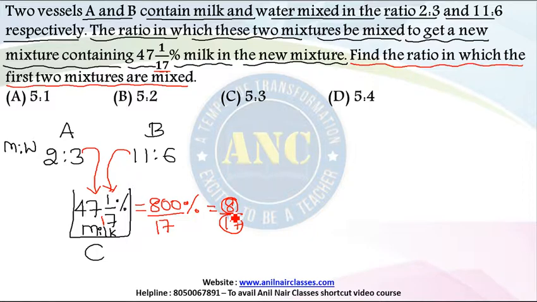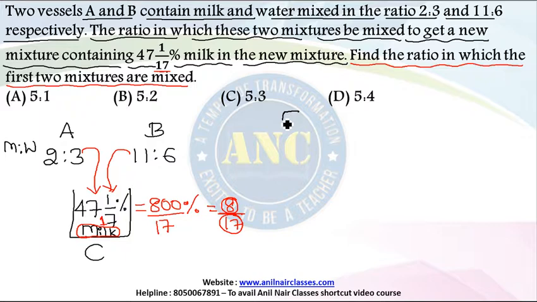People will make this mistake. That is the reason I am telling you right now itself. Out of total 17 liters, which parameter are they talking about in this? They are talking about milk parameter. So numerator refers to the parameter which is being spoken or which is given in the question. That means out of total 17 liters, 8 liters is milk in vessel C.